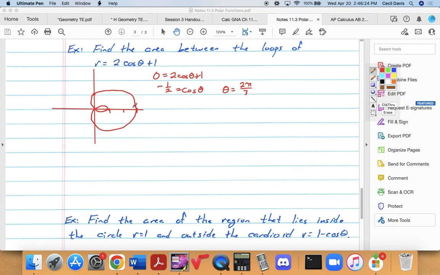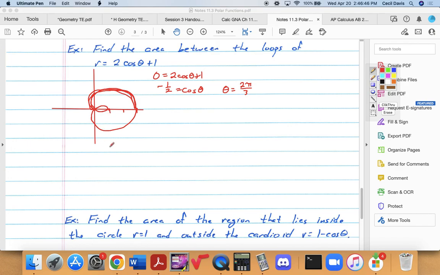So the outer curve from 0 until we get to here would be everything inside of this part. And then we're going to subtract off the part that's inside of this inner loop.